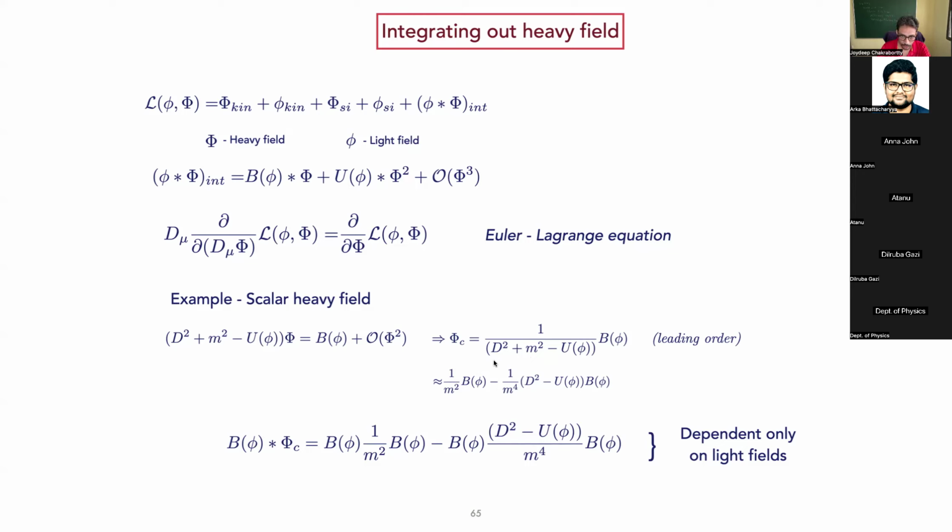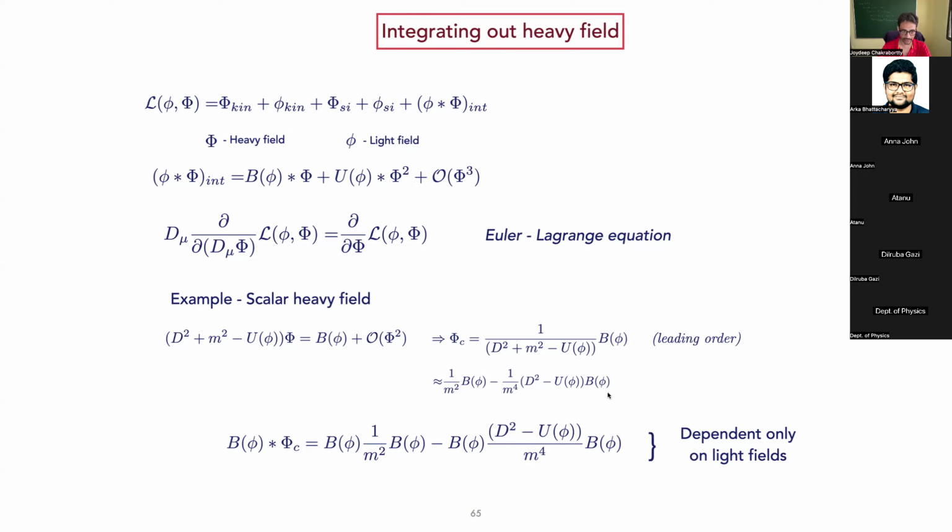Now, why am I performing this on a covariant derivative, not a normal derivative? That's why this is called the covariant derivative expansion. The reason is that if you do a covariant derivative expansion, your construction is basically gauge invariant. And that's why we can perform this covariant derivative expansion, and we can truncate it depending on up to which order of the effective operators we want to generate.